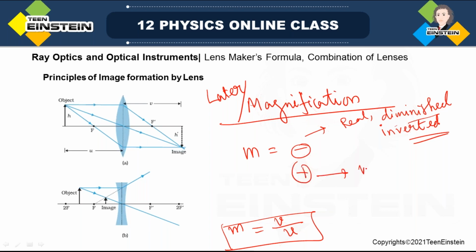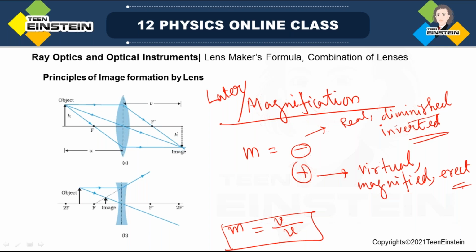When you have positive, then you have a virtual image, then it will be magnified. That means this ratio will be greater than 1, magnified. And also it will not be inverted, it will be an erect image. Okay, erect.